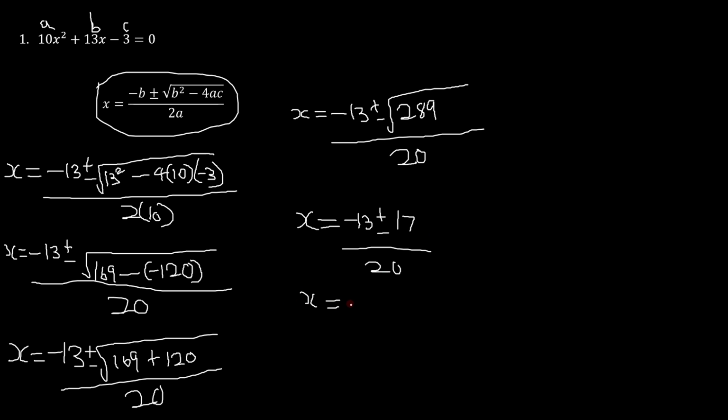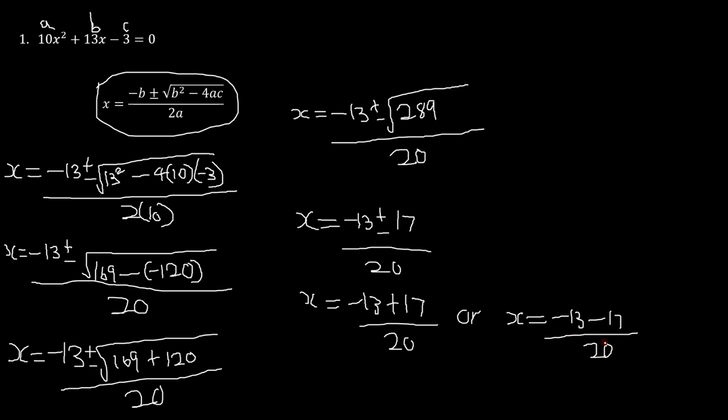We say x is equal to minus 13 plus 17 all over 20, or x is equal to minus 13 minus 17 all over 20.